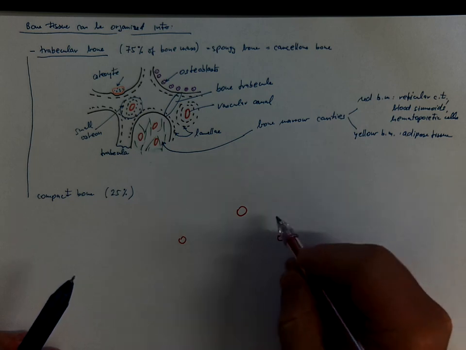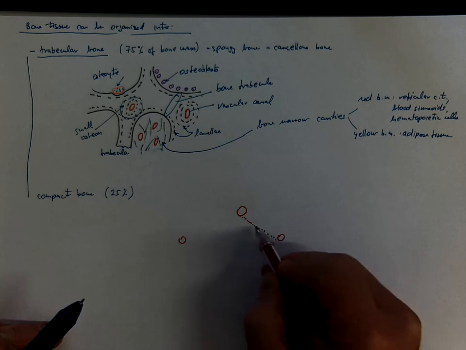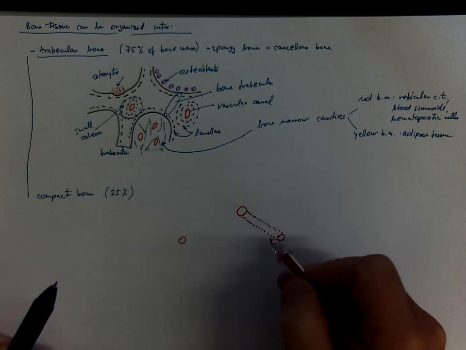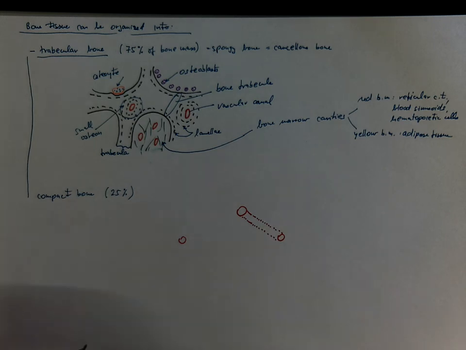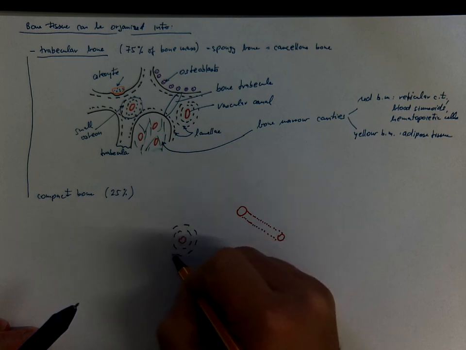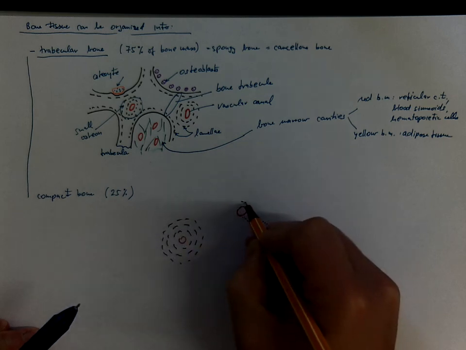The central vascular canals are connected by other vascular canals because there's a whole network of blood vessels. And we have the osteons here. There will be another osteon here.